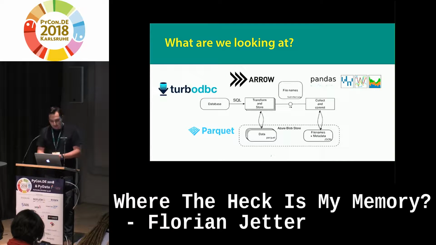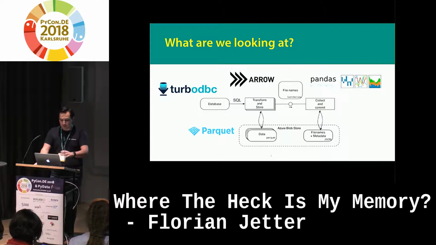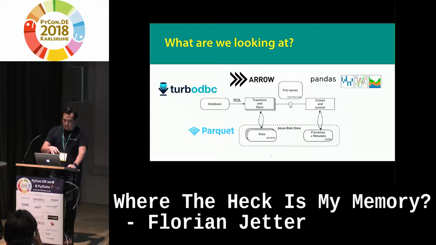So what are we looking at? Basically, we have some kind of ETL pipeline, data extraction from a database. Then we do some transforming of this data and eventually store it in an Azure Blob Store. This happens on a cluster. Think of something like Kubernetes, task distributed.